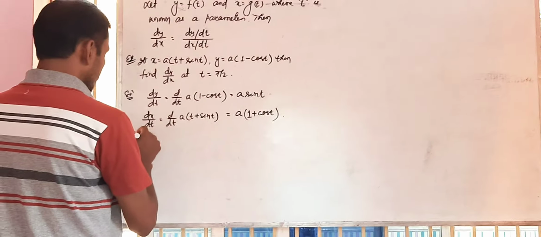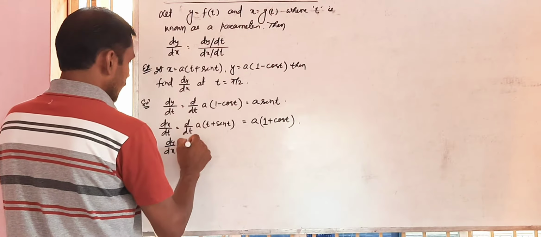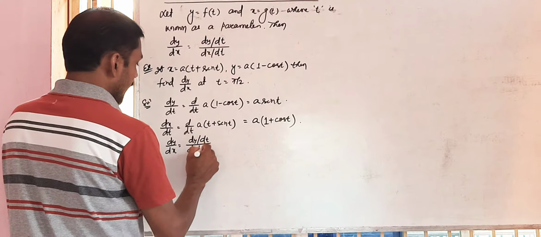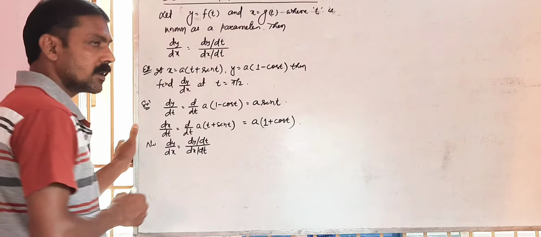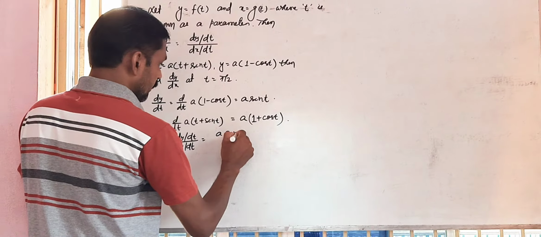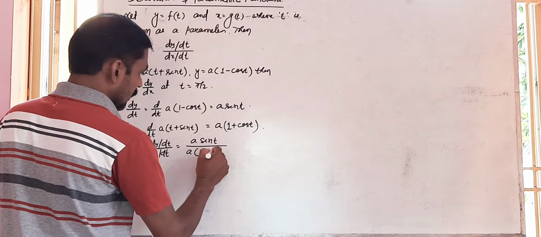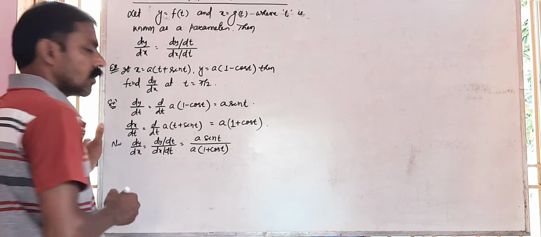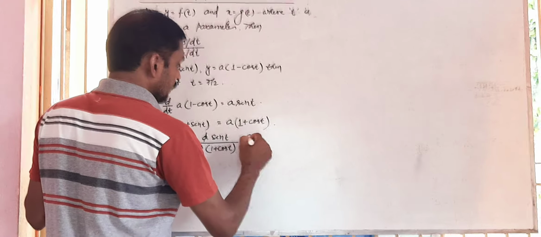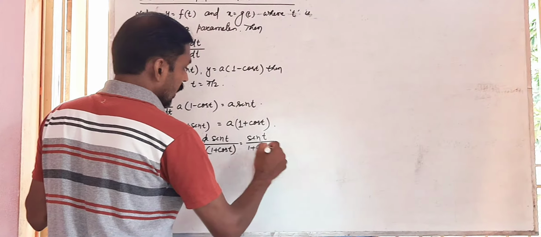Now dy by dx. The formula is dy by dt by dx by dt. So dy by dt is a sin t by a into 1 plus cos t, a cancels. So sin t by 1 plus cos t.